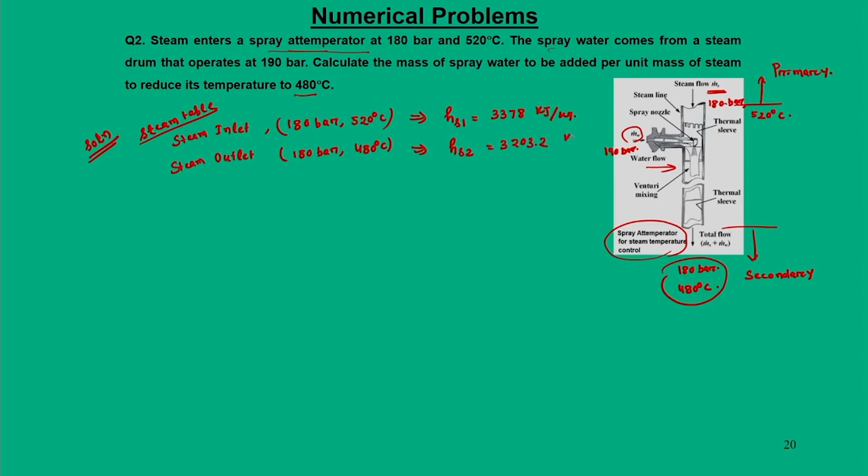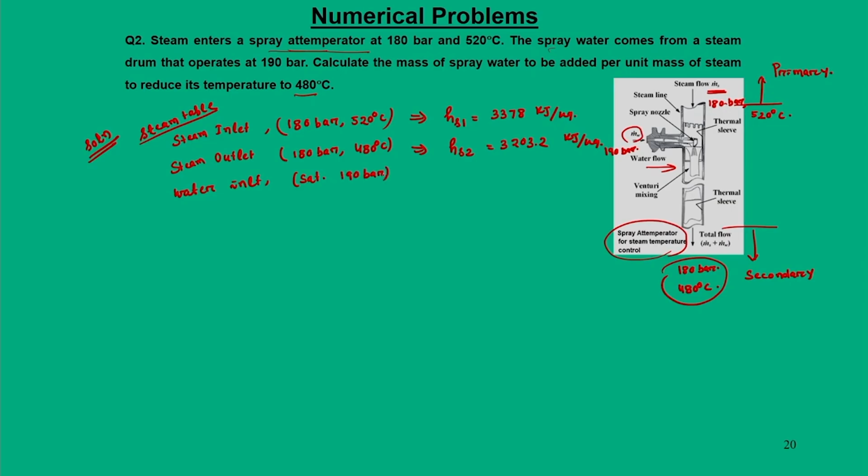3203.2 kilojoule per kg, and inlet, water inlet, that is saturated water at 190 bar.